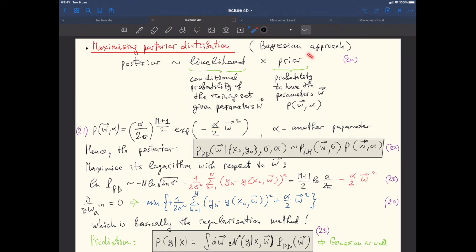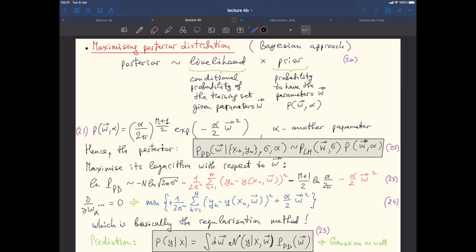So this prior distribution is a probability to have a certain value of these parameters of our problem, times a conditional probability that given this particular set, W and alpha, what is the probability to have the best fit to the training set? And this is the likelihood probability we just considered before.